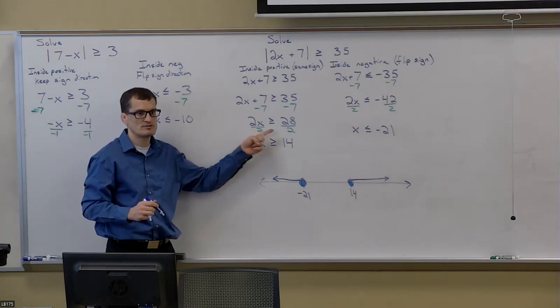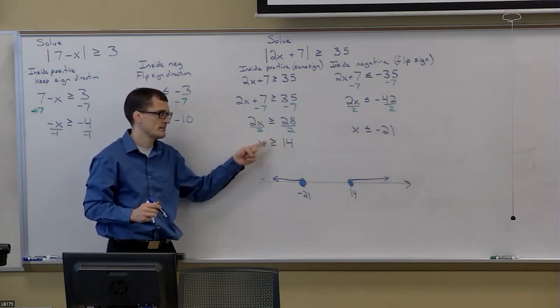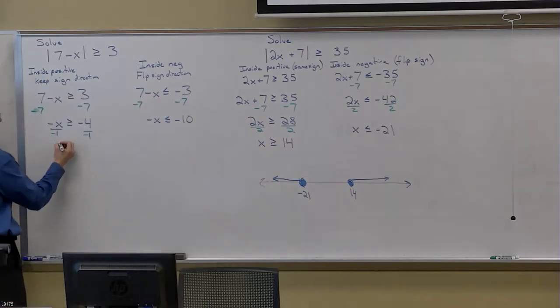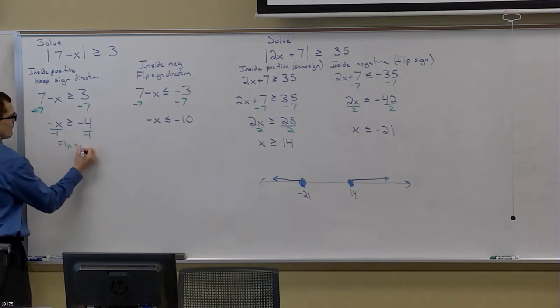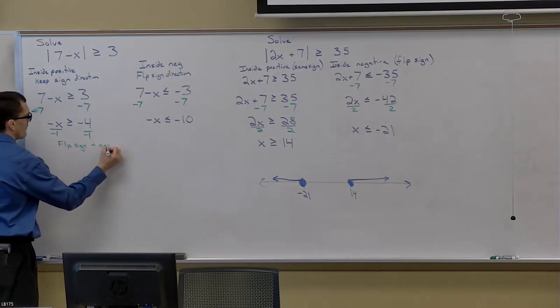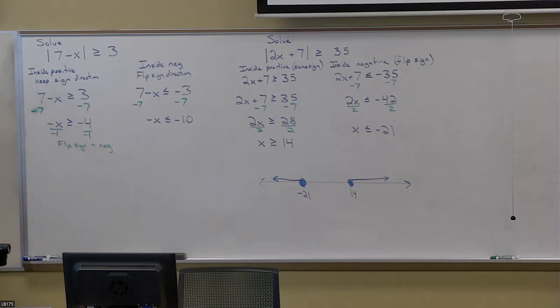When you divide both sides by a positive number, you keep the sign the same. Whenever you divide by a negative, you have to flip the direction of that sign. You guys remember that back in the day?